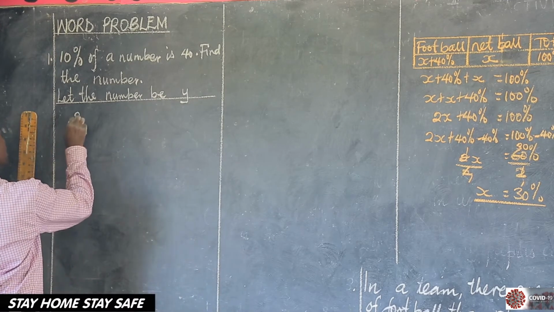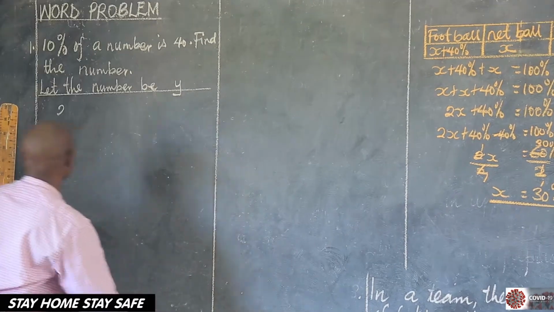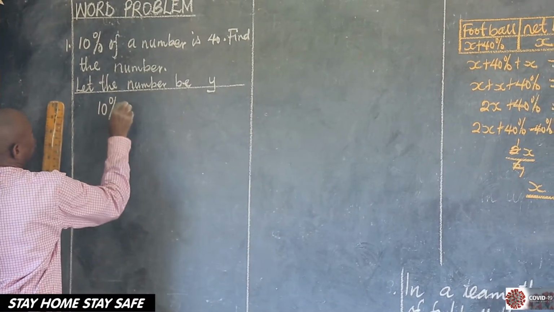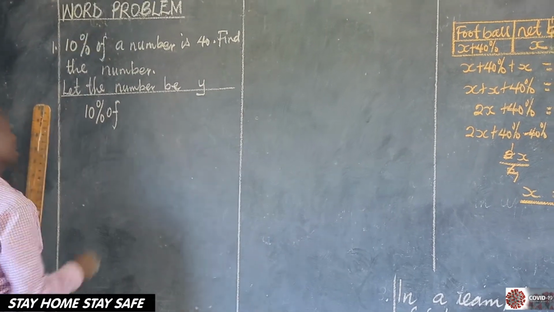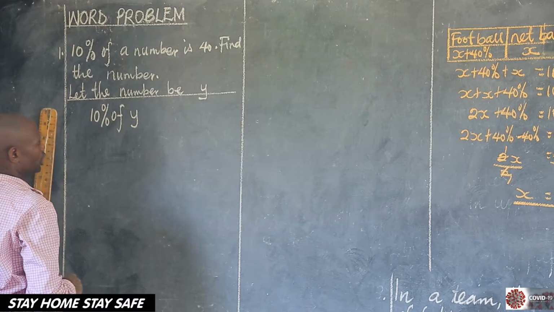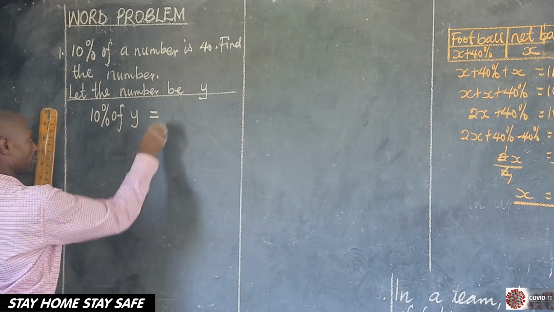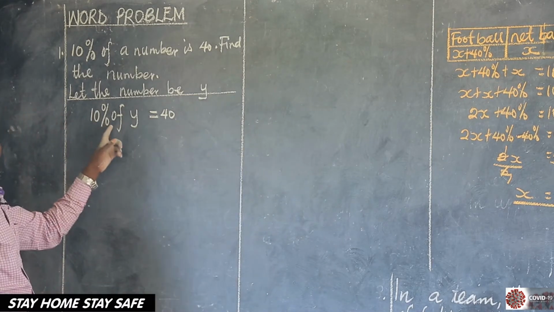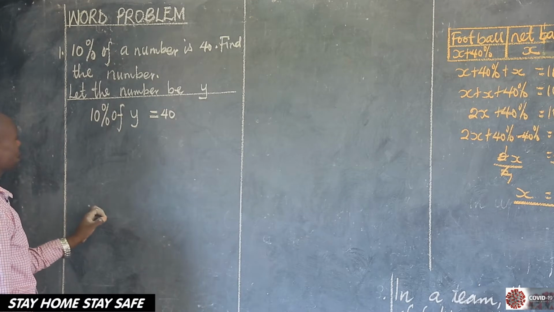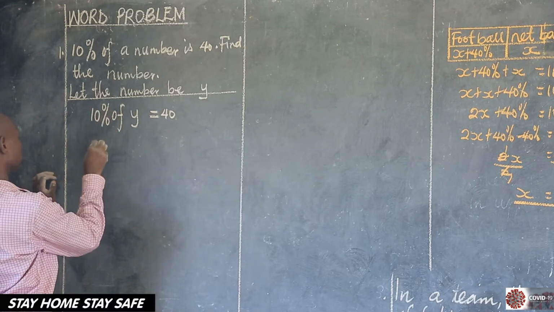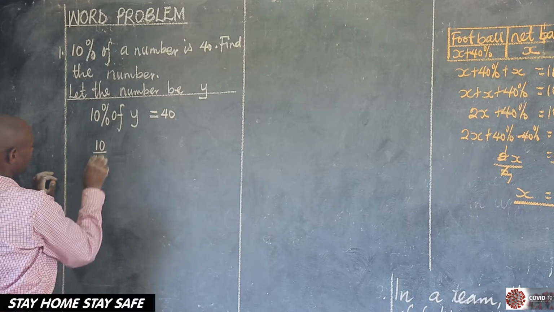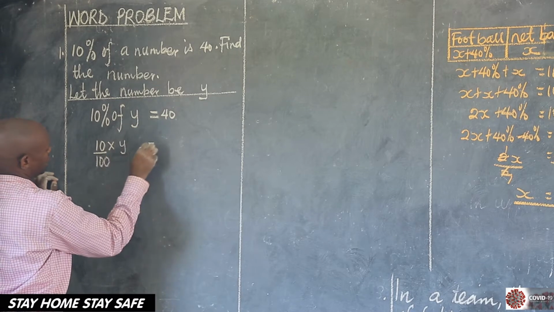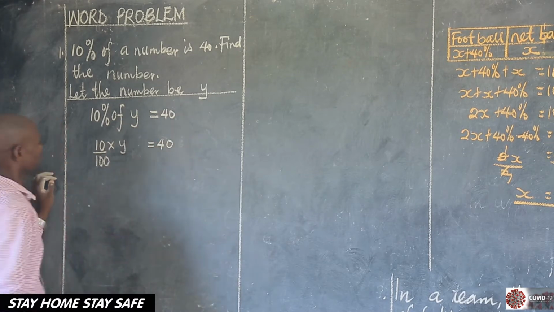Then 10% of that number, which is y, equals 40. Go ahead and remove "of". Mathematically, of means multiplication. So 10% in fraction means 10 out of 100 times y, and this one will give us 40.